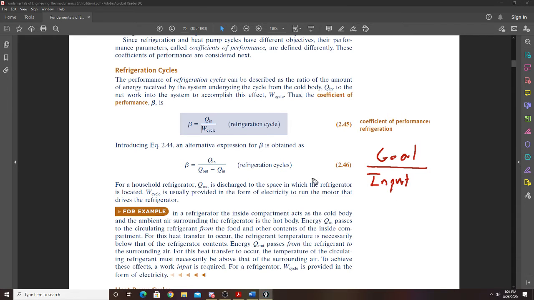If we apply that rule to the refrigeration cycle, essentially our goal is to remove heat from the system. That is what Qn is in a refrigeration cycle. What did we have to put in? The work of the cycle, because you have to run the compressors and all that stuff in your refrigeration cycle. So our goal was to remove heat over work cycle.